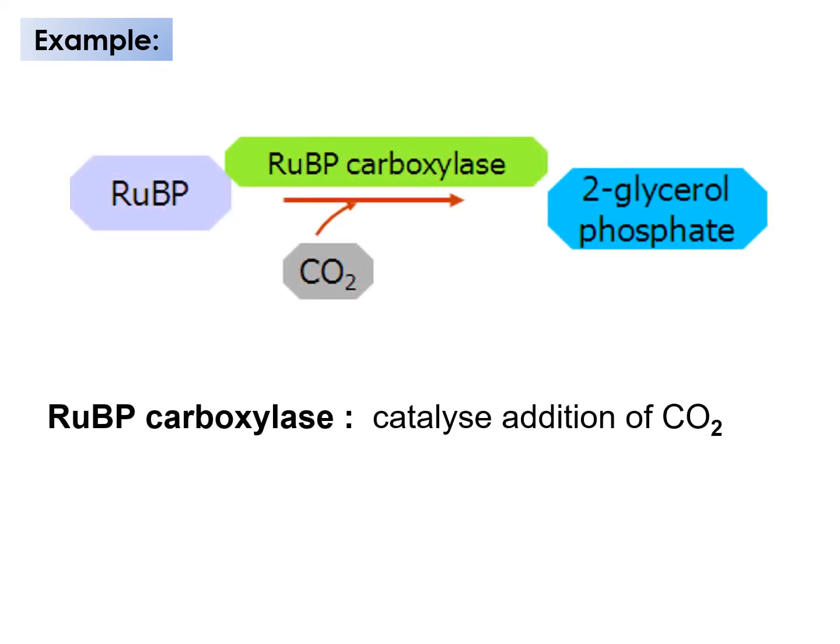Another example is RuBP carboxylase. In this process, RuBP, ribulose bisphosphate, will receive carbon dioxide molecule, which means the enzyme catalyzes the addition of carbon dioxide to RuBP and forms 2-glycerol phosphate.